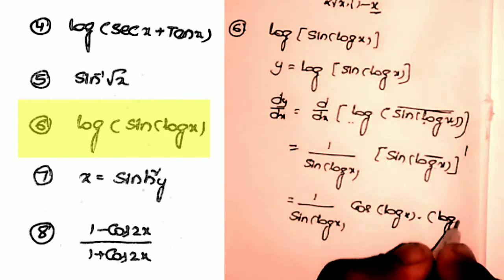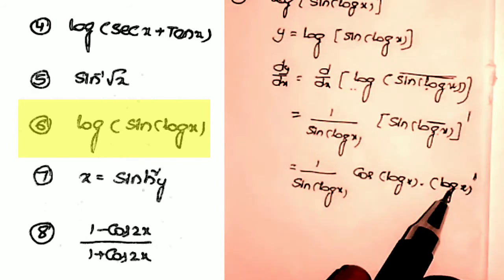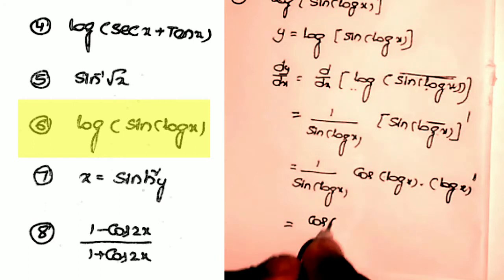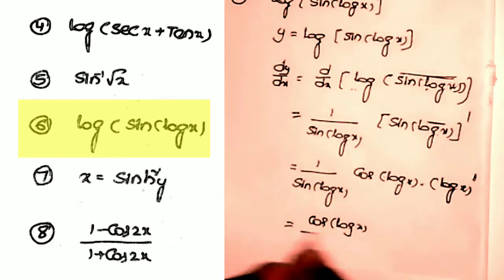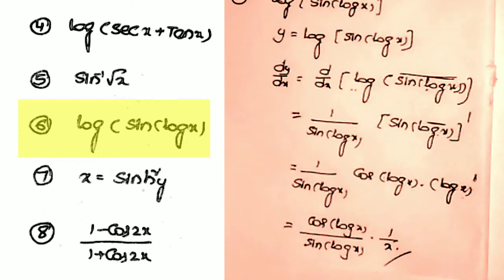But what is x here? x is equal to log x. So again we take the derivative of that function, that is (log x) whole dash. Now this is equal to cos of log x by sine of log x into (log x) whole dash, log x derivative 1 by x. That's all. This is the answer.